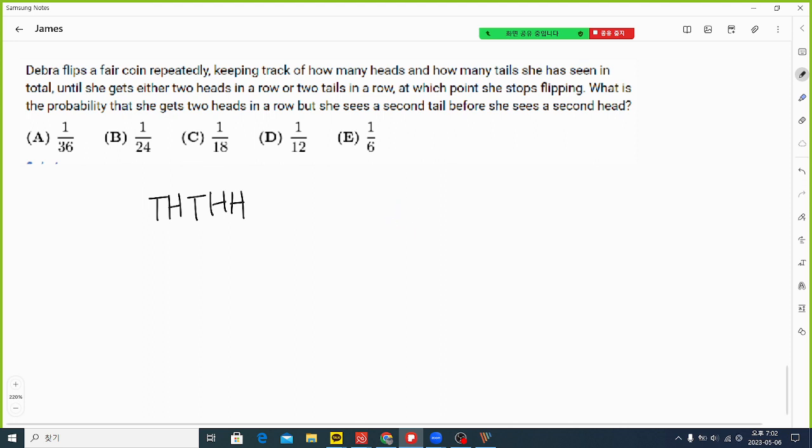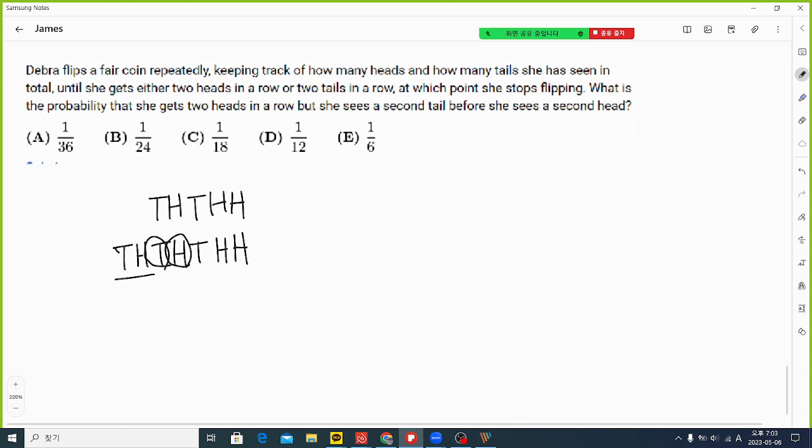And then we can continue this forward by attaching T H, like this. So by attaching this T H, she sees the second tail before second head. So this is a second tail, and then this is a second head.